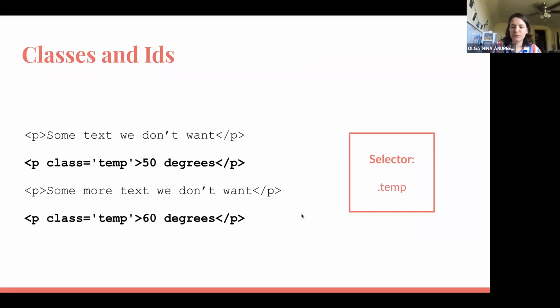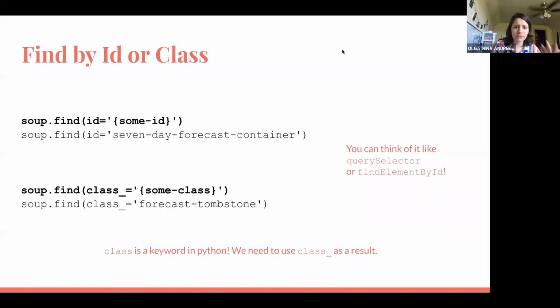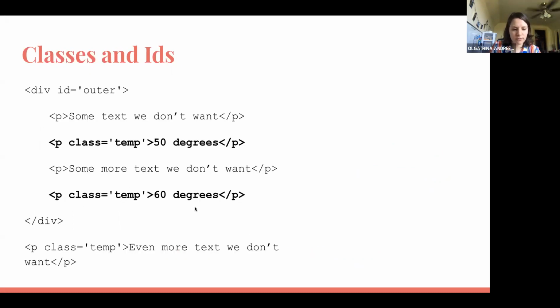And Beautiful Soup allows us to use that same idea to find by ID or find by class, which you can think of very similarly to query selector or find element by ID. So here you can do find by ID, or here, because class is a keyword in Python, you actually need to use class underscore. But let's see an example of that.